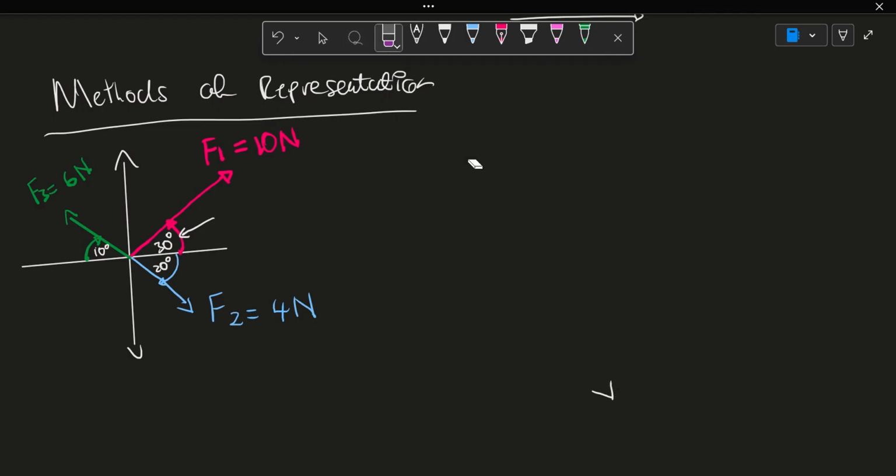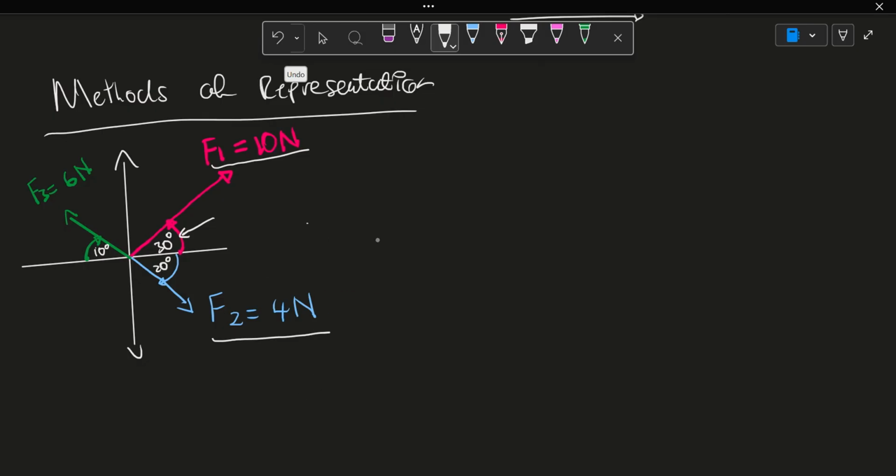Okay, so that's how you would have it on a Cartesian plane, right? With this one, you could say F1 is 10 newtons above the positive x-axis, and F2 is 4 newtons below the positive x-axis.